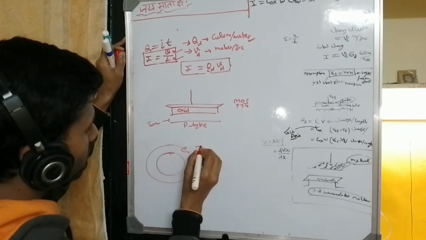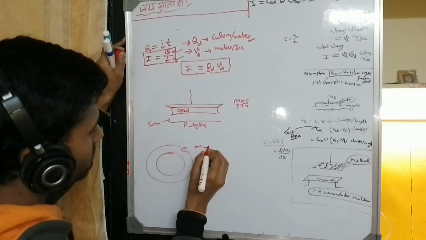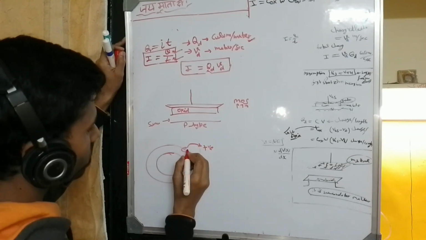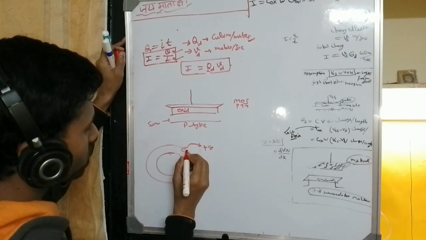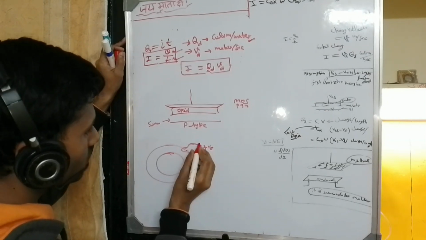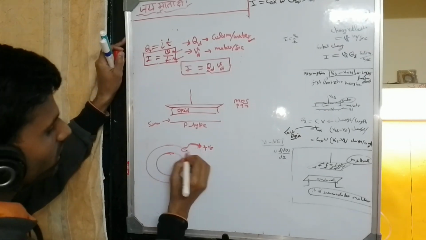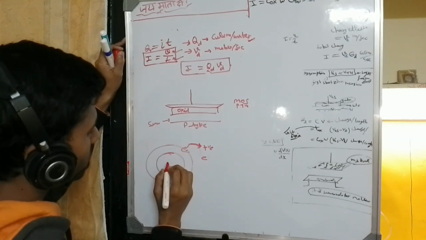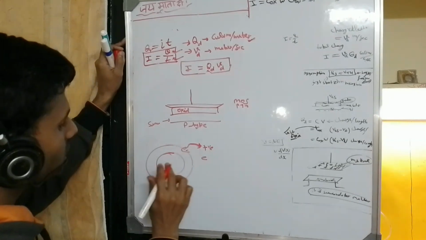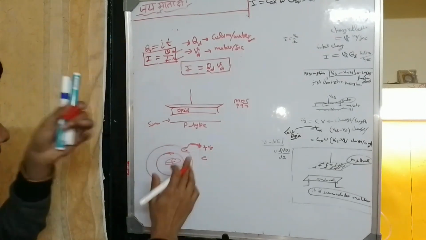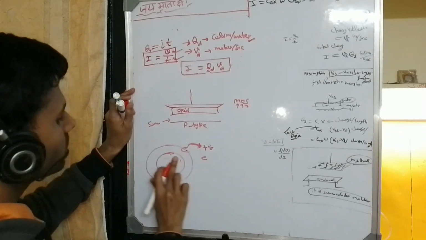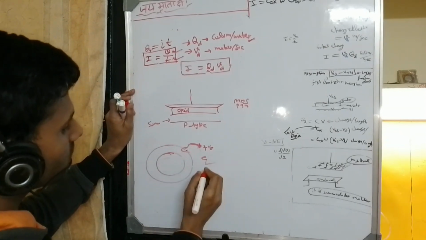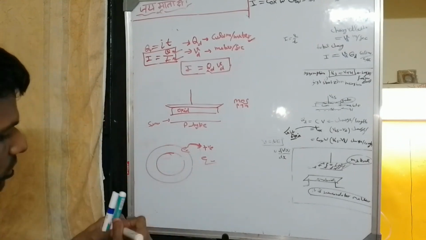If I apply some force from outside, for example a positive voltage, then this electron will go from its own position to a free position, meaning it will be free from the atom. When it is free from the atom, this atom will automatically become positively charged, and this is not movable, because the electron is free and movable, but this will be a non-movable charge.